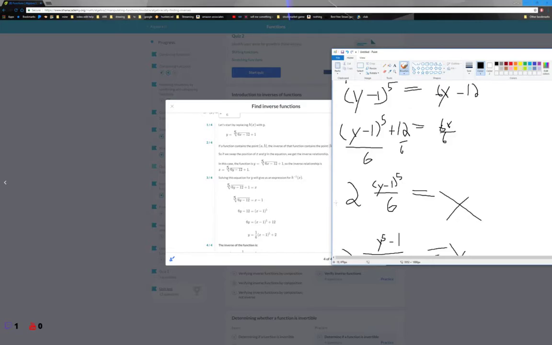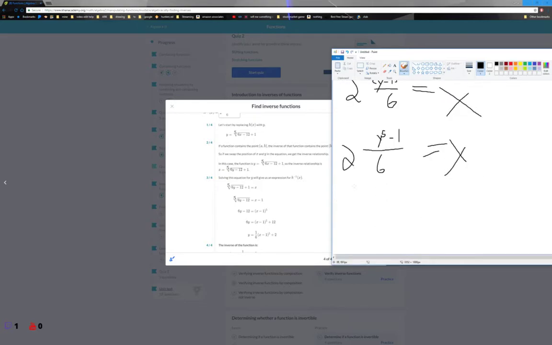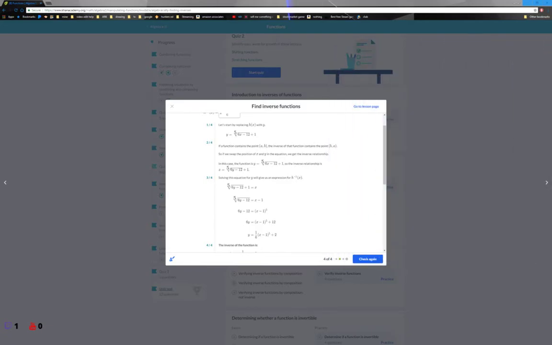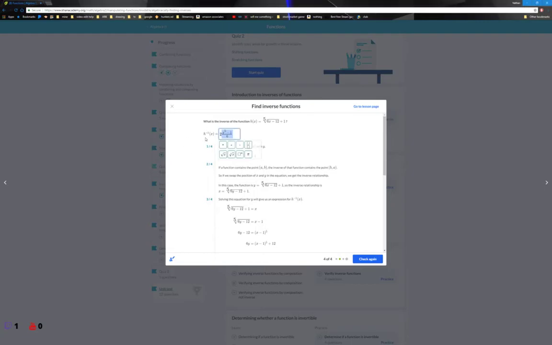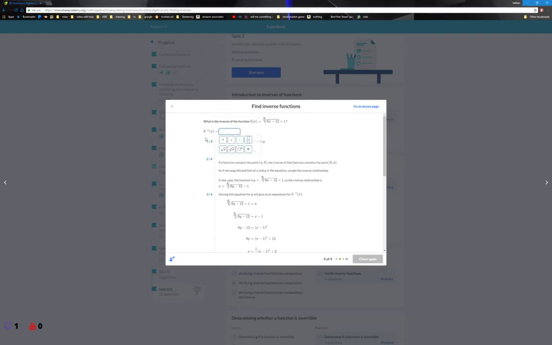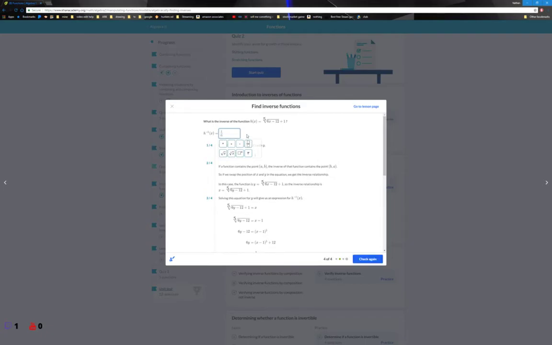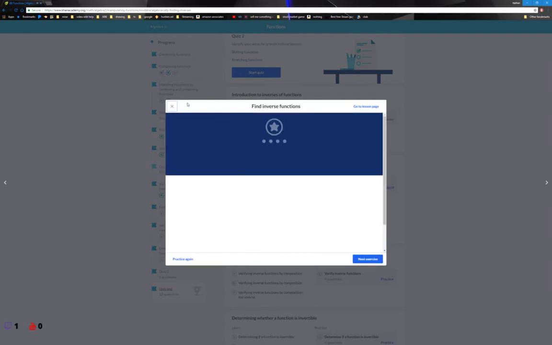So they did 1/6 times x minus 1 to the 5th plus 2. And that is basically the same answer we had, just worded differently. So it's 1/6 times x minus 1 to the 5th plus 2. And there we go.